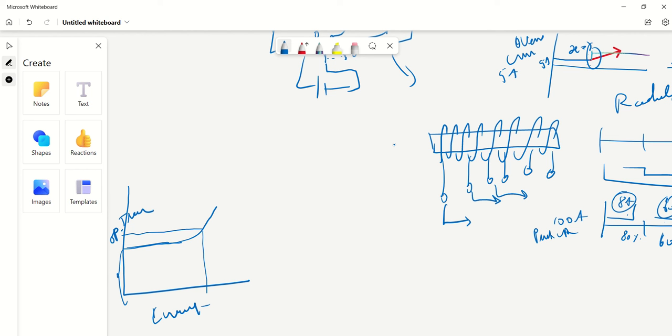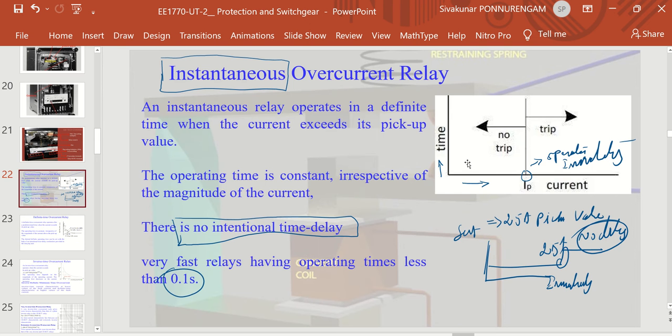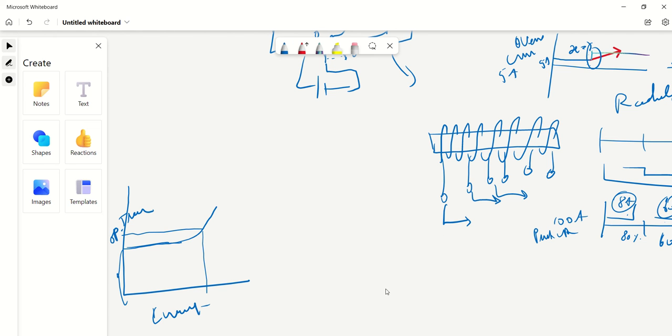So some definite time is taken into account for this system. In the instantaneous relay, at the pickup current it trips immediately, but here we take some time before tripping.